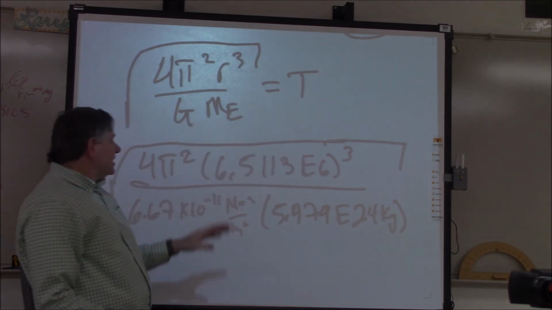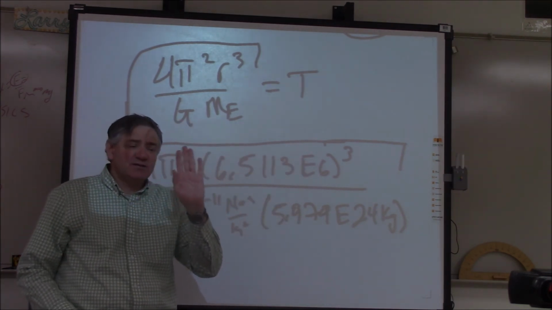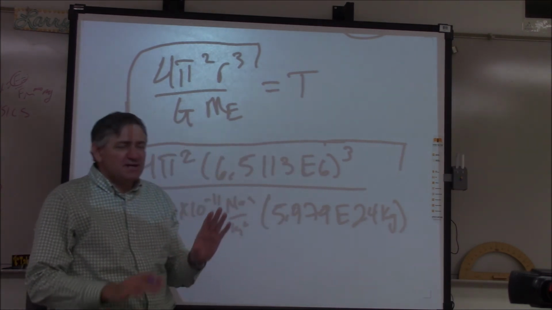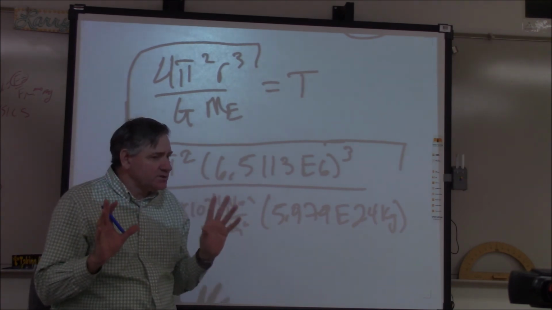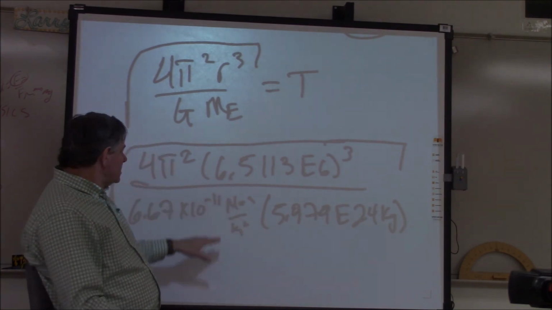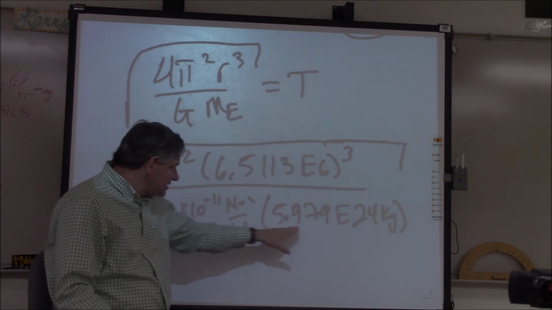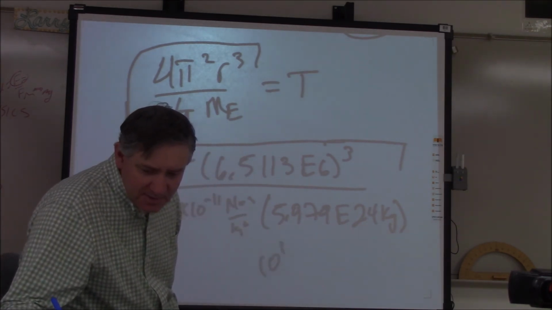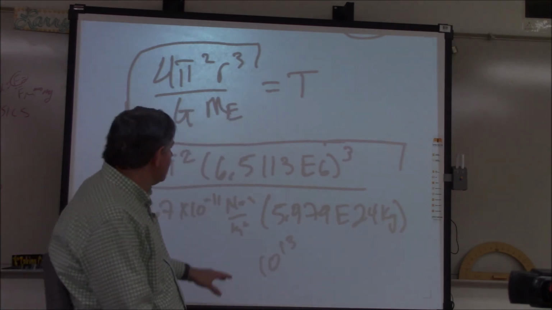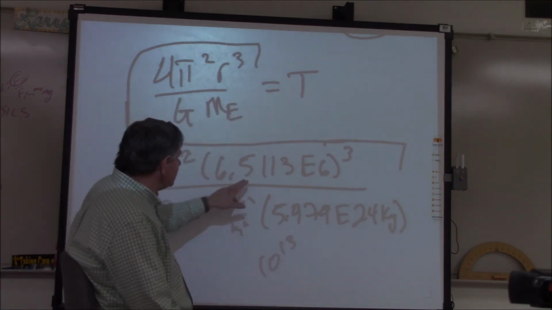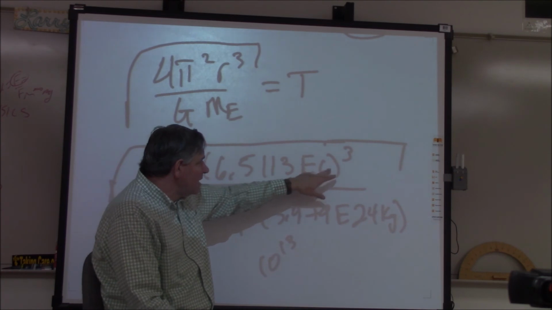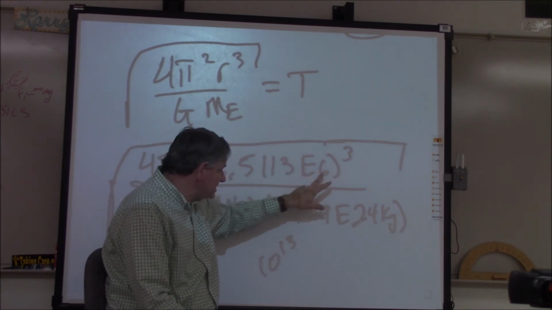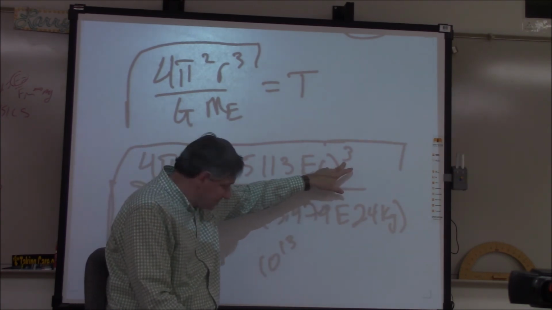Now, again, let's just look at this thing in terms of order of magnitude. Let's just get an idea of what we should get. So I got 10 to the negative 11th times 10 to the 24th. So down below, I have 10 to the 13th. Now, up here, I've got 10 to the 6th, but that's going to get cubed. So that's going to get me like 10 to the 18th, okay?